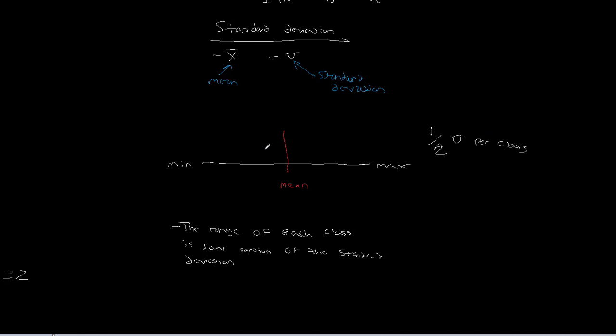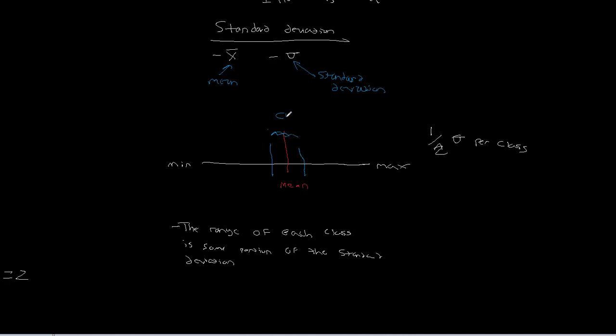So it's going to center on the mean, and I'm going to use blue here as my breakpoints. So it's going to go like this and like this, centered on the mean.